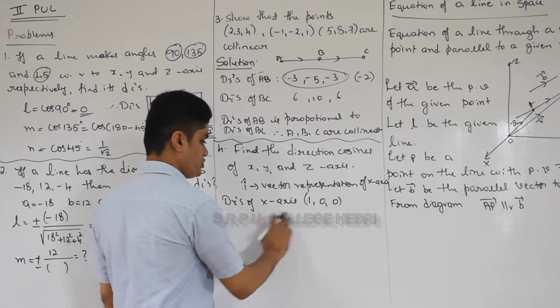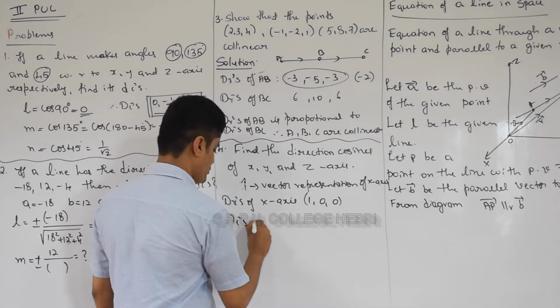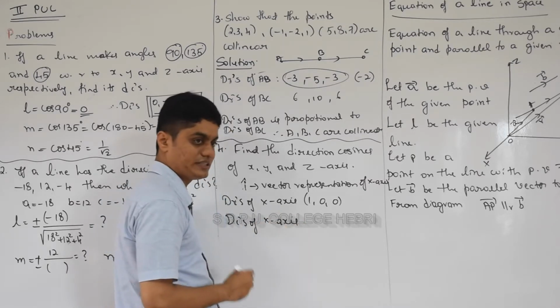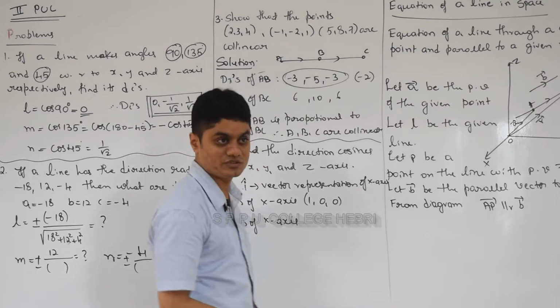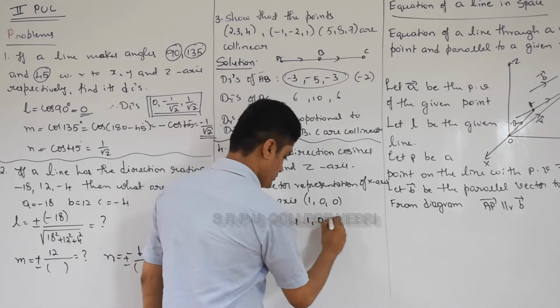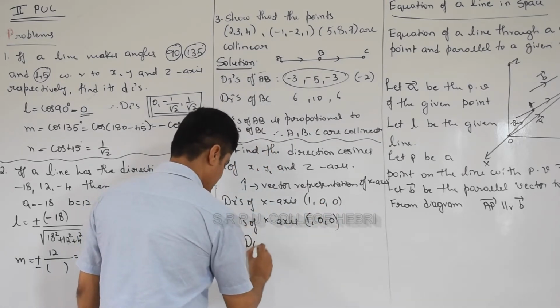So the direction ratios of the x axis are 1 0 0. Therefore what are the direction cosines of the x axis? 1 by root of 1 square plus 1 square plus 1 square, 0 by something. So it is again 1 0 0.